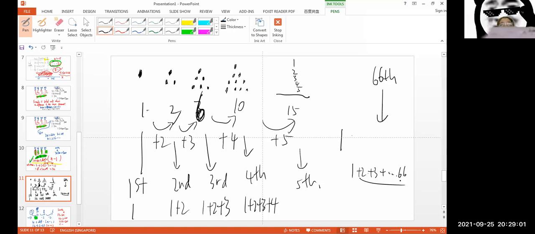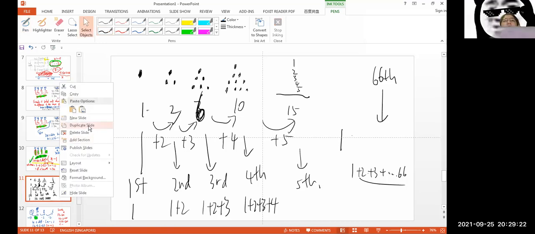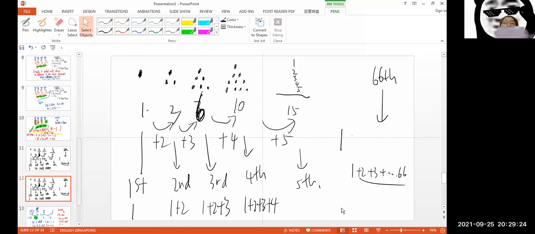Do you know how to solve this? 1 plus 2 plus 3 until 66. It's 1 plus 66 times 33 pairs. Okay, I leave it to you. This is pretty simple, because I even taught you last time how to add 1 until 100.